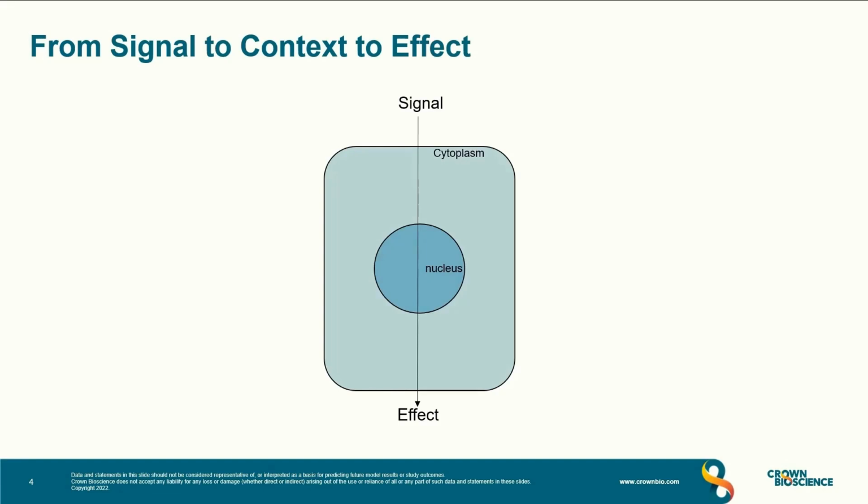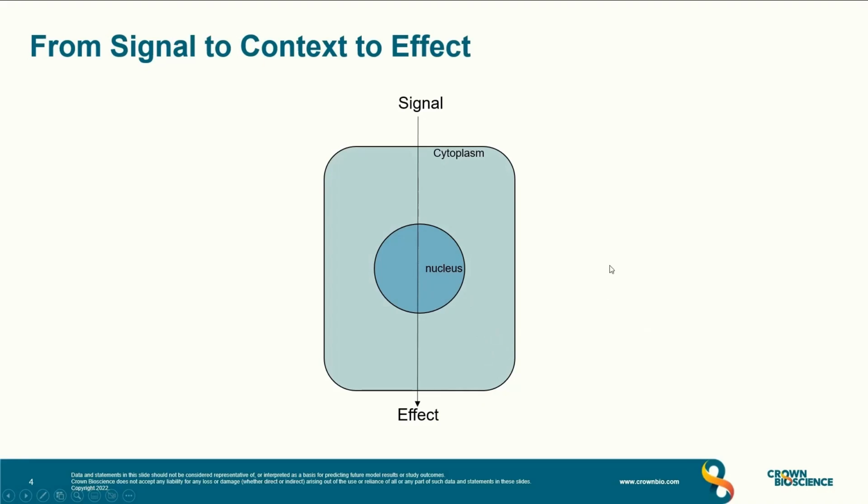So, how does a signal go from context to effect? If we envision a textbook example of cancer cells, we see one cell that has either a signal that it receives or a mutation that drives a certain signal, which will be translated into a gene expression profile and then elicits an effect.